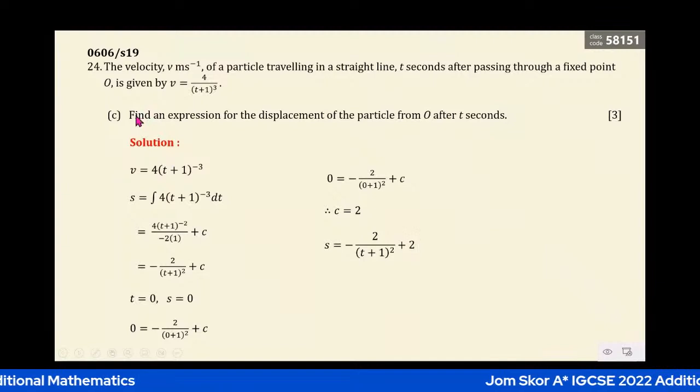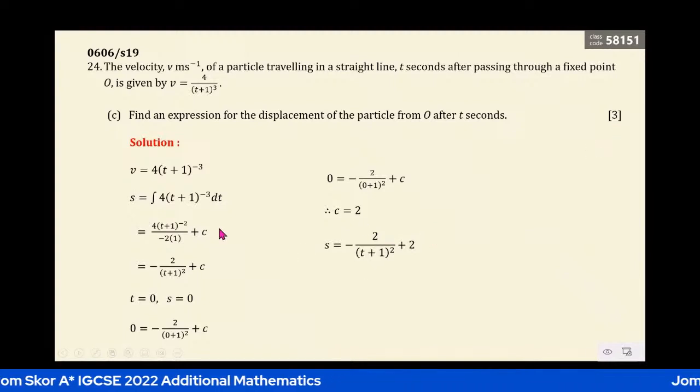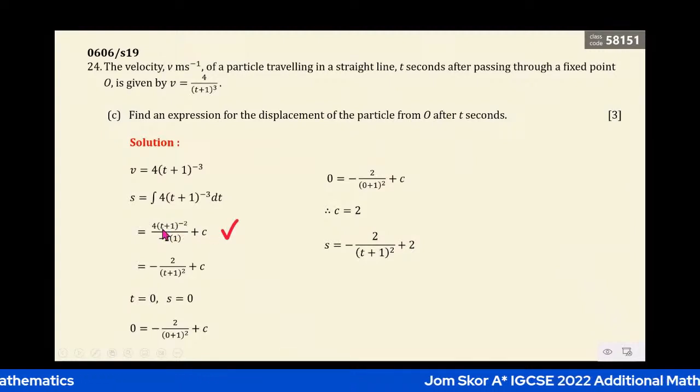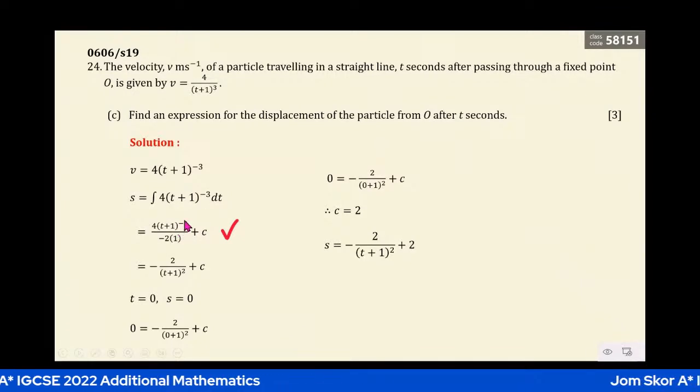Okay. So the question asks you to express your displacement after T seconds. So this is your answer. Okay. So 3 marks will be given. The first mark, as usual, your answer, even though this one is wrong, but the index now you change from negative 3 plus 1, you get negative 2, 1 mark.